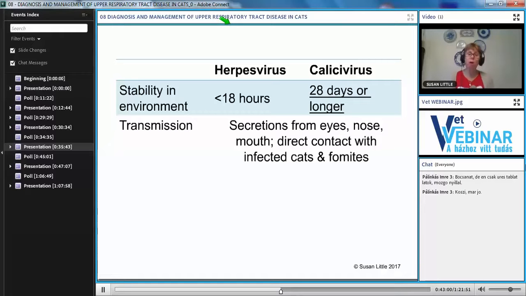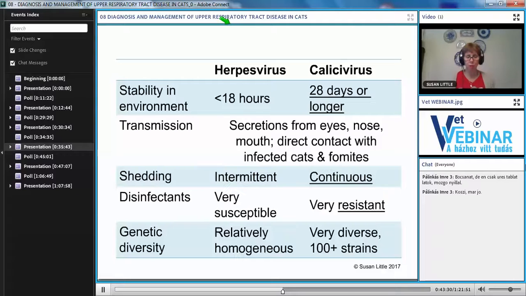Calicivirus, however, will persist in the environment for at least 4 weeks or longer. So that's the one we're more concerned about, cleaning the environment, and where a patient can get infected through the environment or fomites: hands, food and water bowls, bedding, toys, things like that can be sources of infection for calicivirus, because it will persist in the environment, quite different from herpes virus.